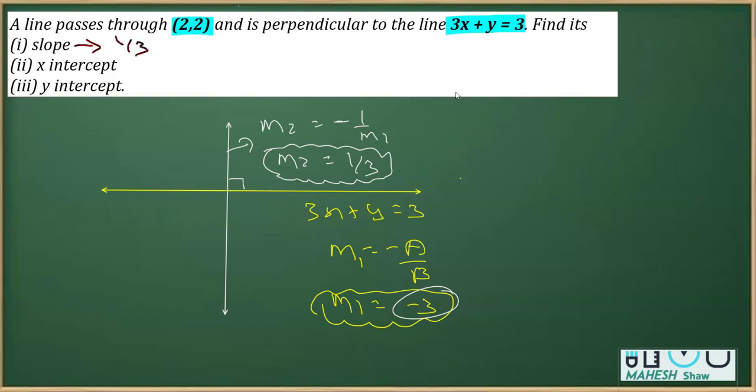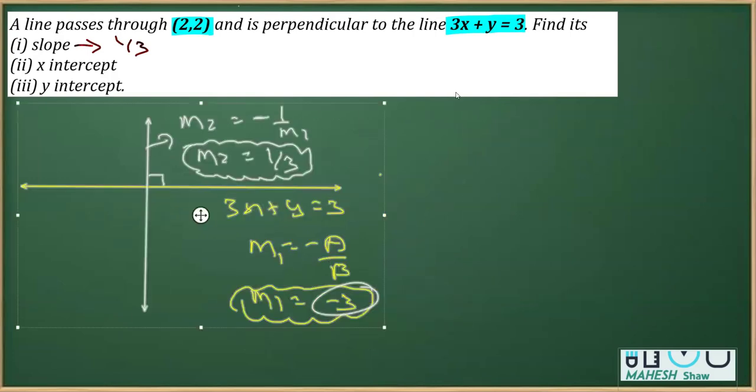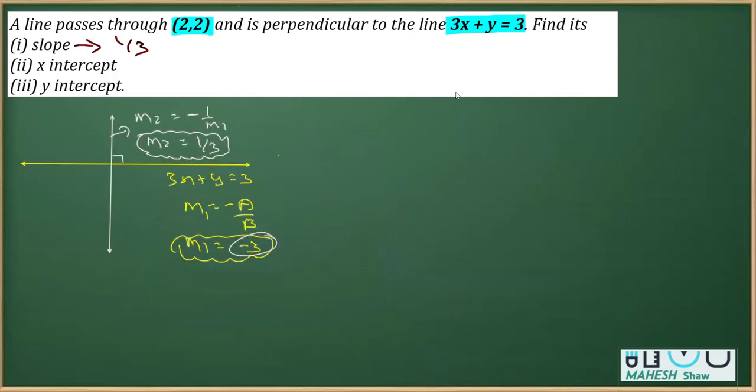Now, what we have to do is find the x and y intercepts of this line. For that, we have to use the information that this line is passing through a point, that is (2, 2). First I'm going to obtain the equation of this line using the point-slope form, that is y - y0 = m(x - x0).